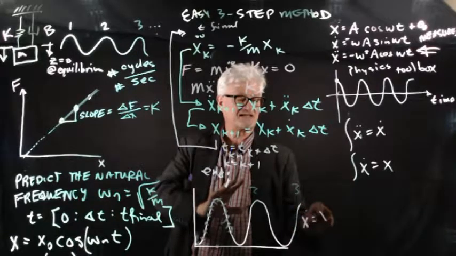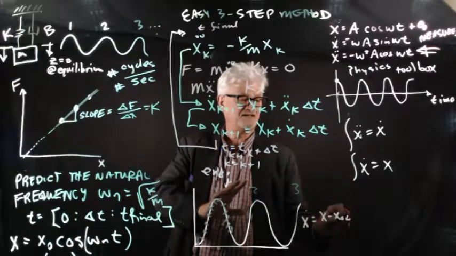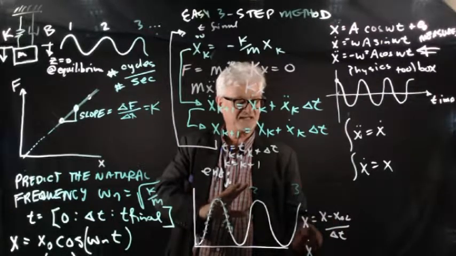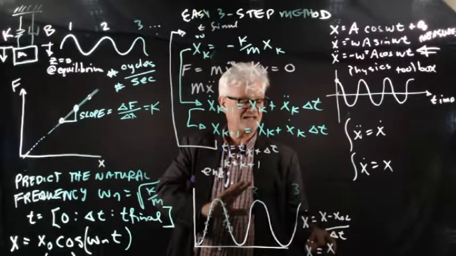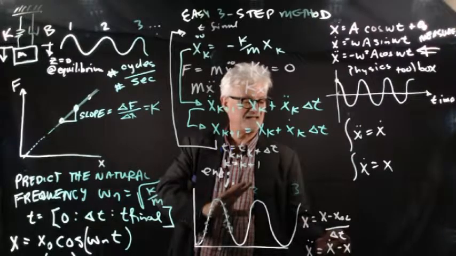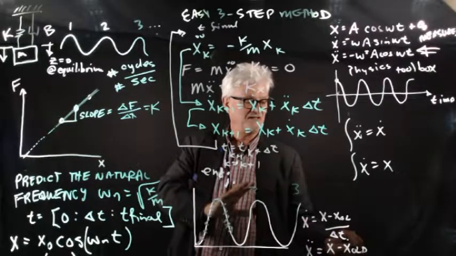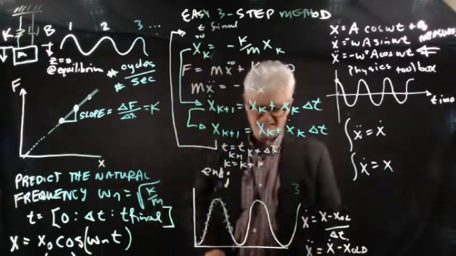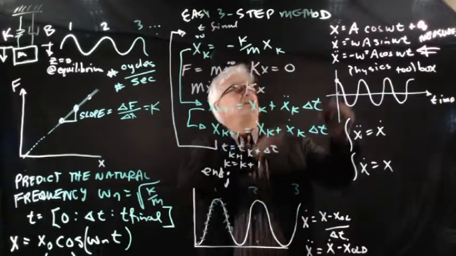x dot equals x minus x old over delta t. And then we can differentiate a second time: x double dot equals x dot minus x dot old over delta t. So we can do that twice, and then we can just plot this analytic expression.